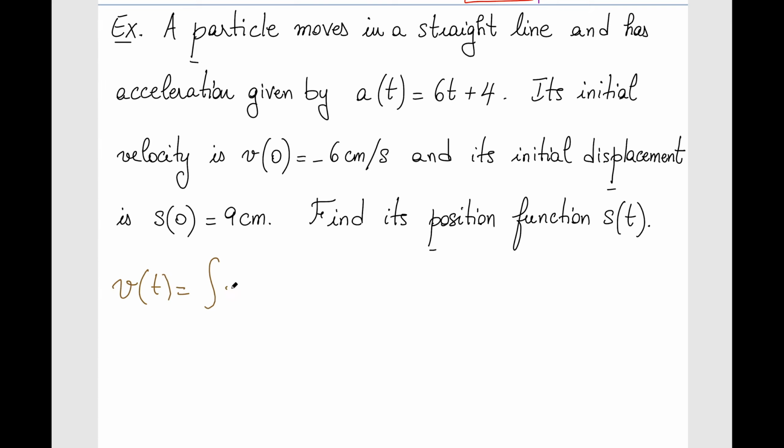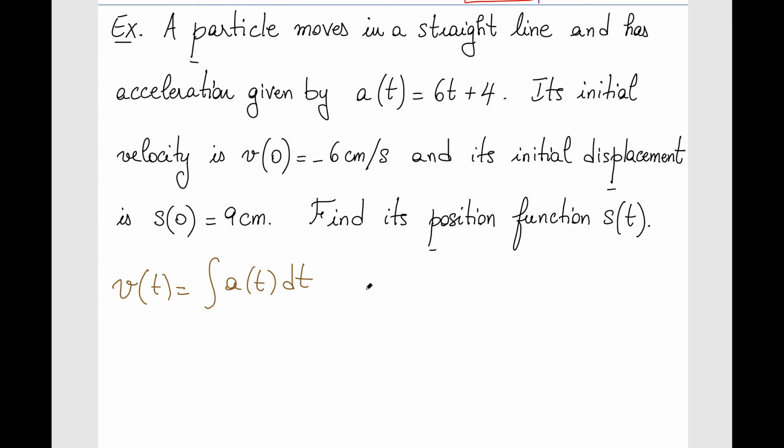I mean, in terms of previous notation, isn't a of t the derivative of the velocity, v prime of t? So don't we have this like we previously did? Again, plus the constant here, but don't worry, we're piling them up at the end. Yes? So this is the setup. So I can erase and write that.